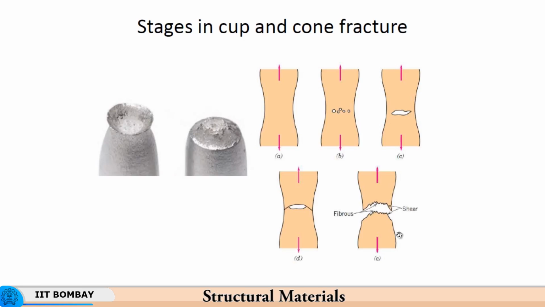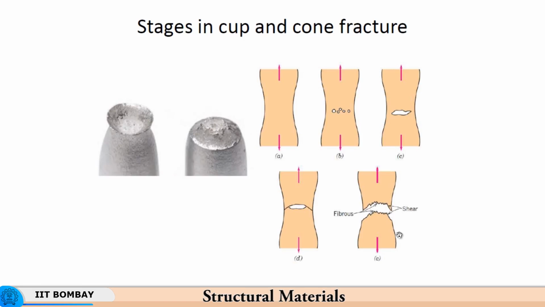The voids have been generated, there are plenty of voids distributed over the entire cross section, and due to that the cross section continuously gets depleted with strain, and therefore there is progressive concentration of strain in this particular region. Now these voids coalesce, as I just mentioned, and they form an internal crack.